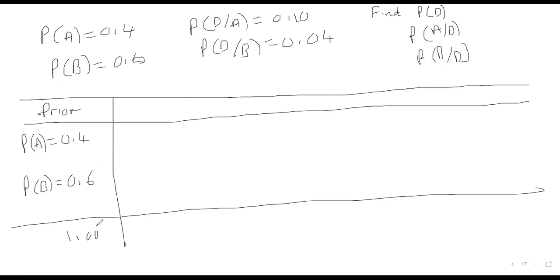Yes. Then we have the conditional probabilities, which come from the prior probabilities. This is the probability of D coming from where? A. This is the probability of D coming from where? B. The conditional probabilities don't always add up to 1. So this is 0.1 and this is 0.04.